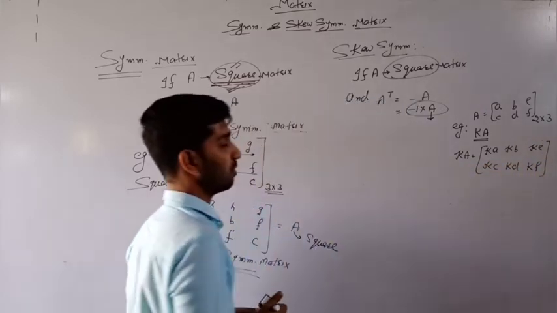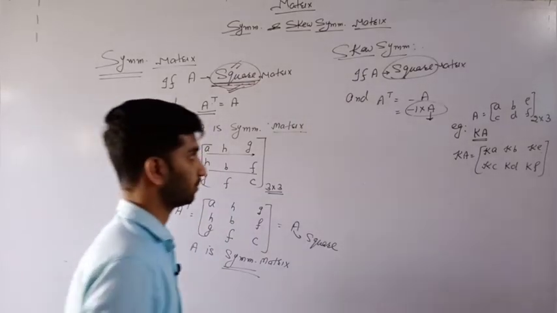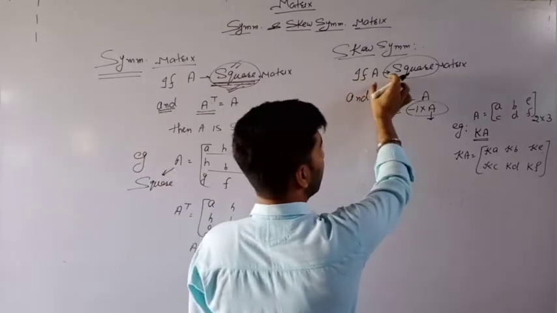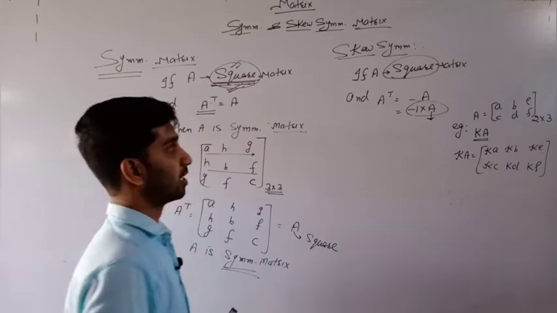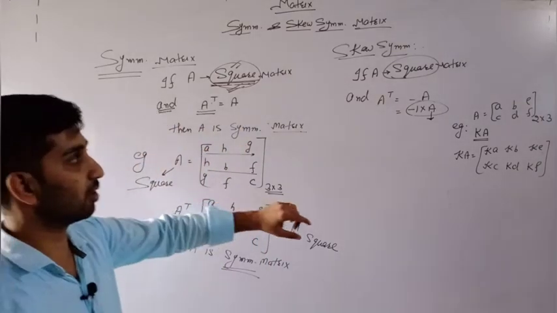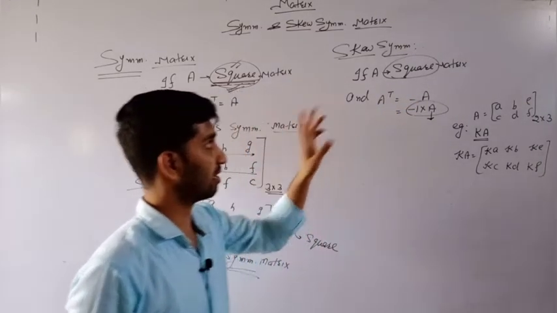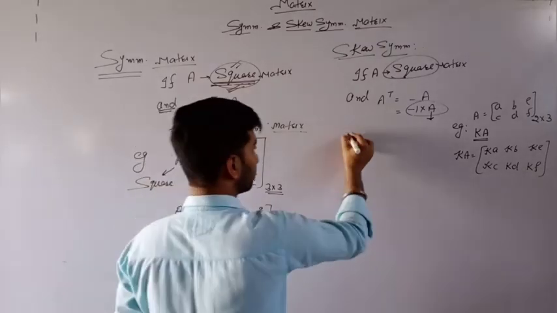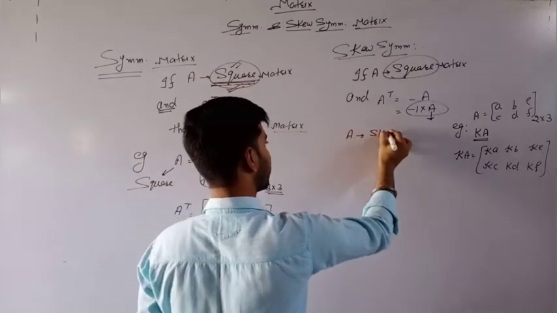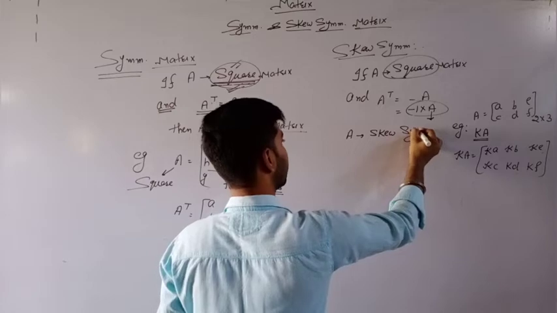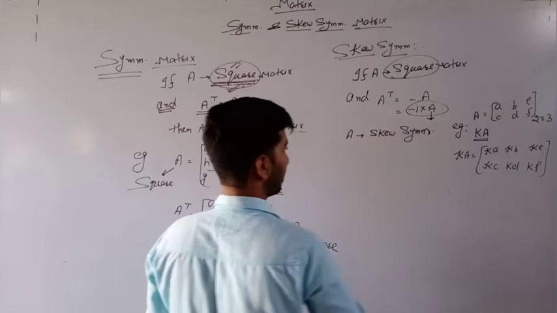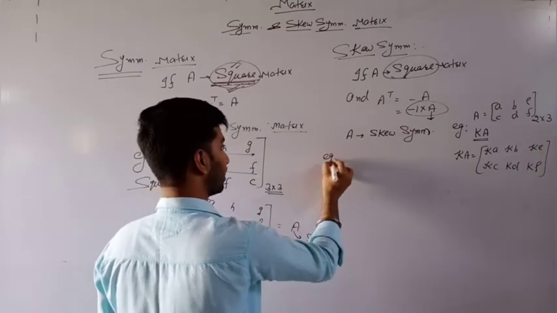All the entries will be multiplied by this scalar quantity. If A is a square matrix and the transpose of the square matrix is equal to the negative of the matrix, then A is called skew symmetric.